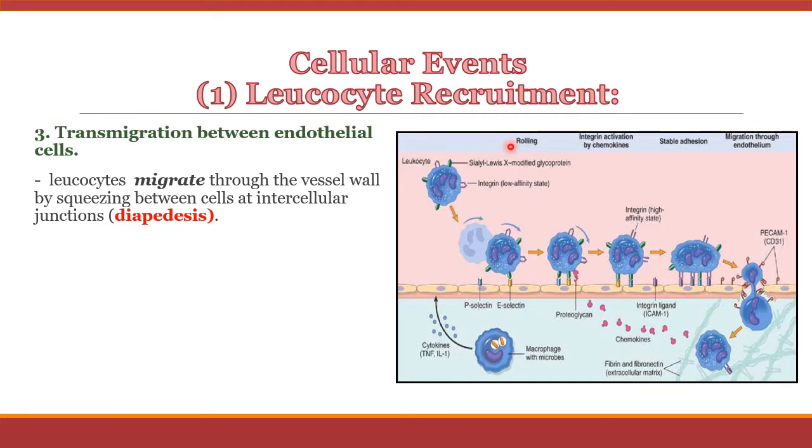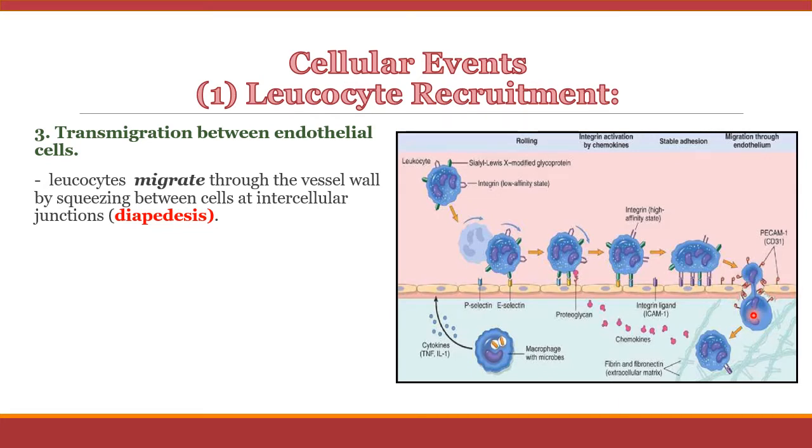Step number 3 in leukocyte recruitment is transmigration of the leukocytes between the endothelial cells. So the leukocytes will migrate through the vessel wall by squeezing themselves and moving through the gaps that are formed between the endothelial cells. Why do we have gaps between the endothelial cells?